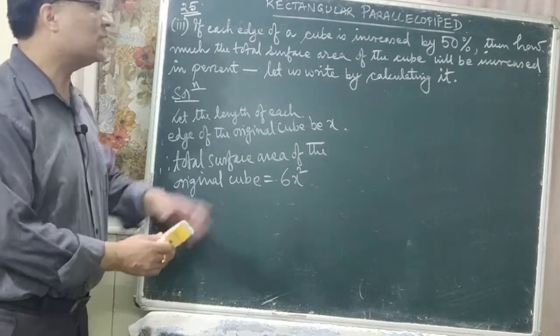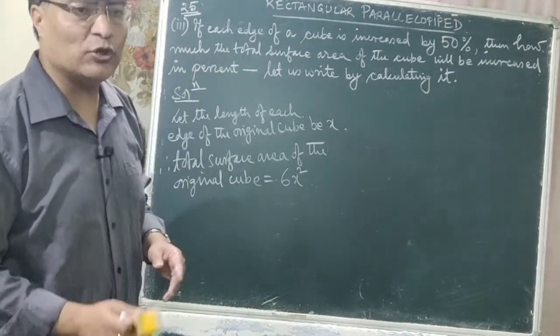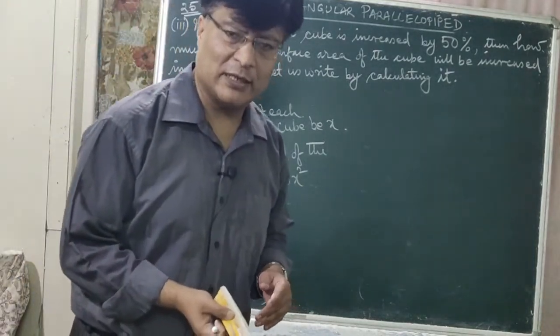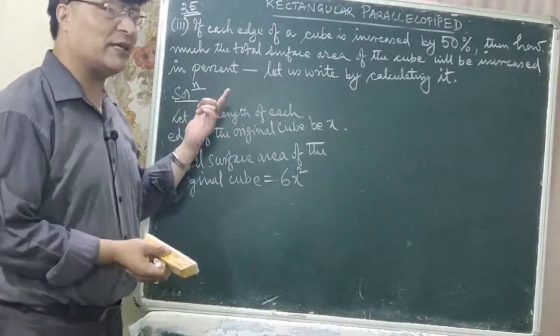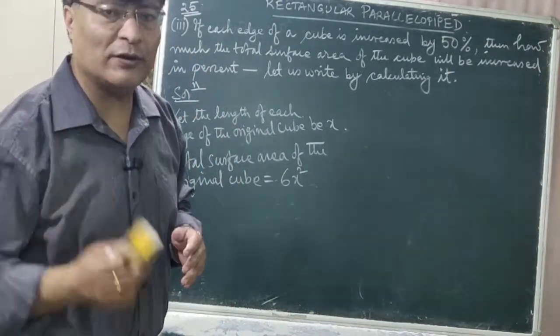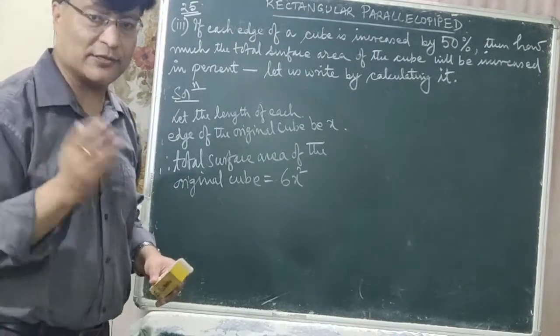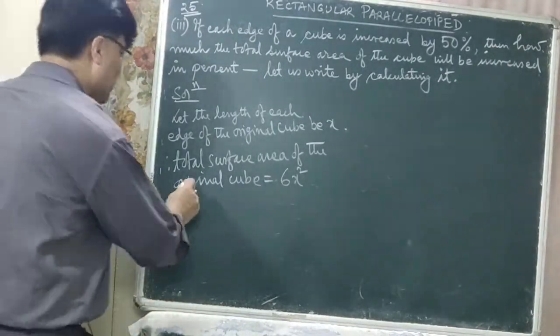So now it is given that each edge of the cube be increased by 50%. त त्यो ओरिजिनल क्यूब को प्रत्येक एज अब कति पर्सेन्ट ले बढेर गयो? 50% ले बढेर जाँदैछ. ठीक छ. त्यही हामी के लेख्छौं?